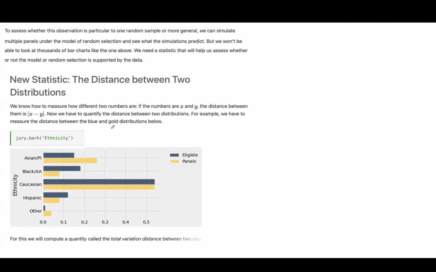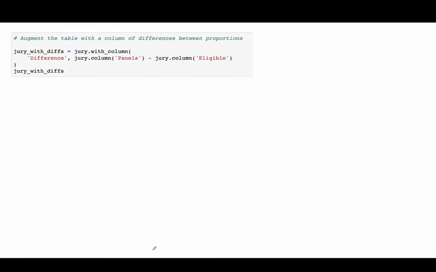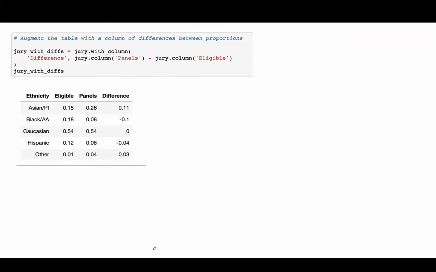For this, we need to compute a quantity that we call the total variation distance between two distributions. The calculation is an extension of how we find the distance between two numbers. It's a little bit more complicated to fit into our class, but we're going to use a function to help us do the calculation.